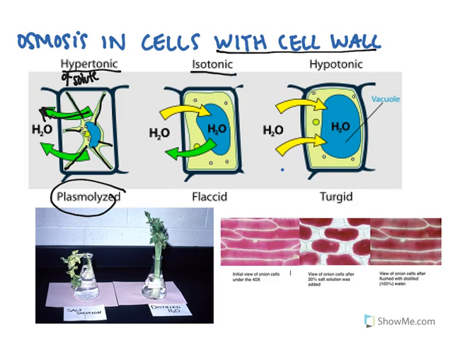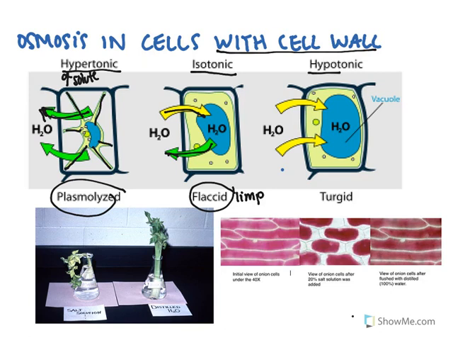In an isotonic solution in plants, that means equal solute concentration, the amount of water entering the cell and leaving the cell is the same, and your cell is flaccid, meaning it's a little bit limp, because the pressure pushing up against the cell wall is actually what keeps the plant cells rigid and firm, and it allows the plants to stand up.